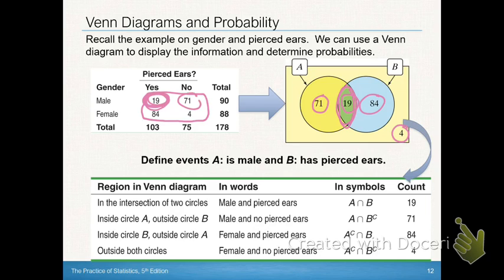Whereas the 71 represents people that are male, but they don't have pierced ears. So this 71 is only this yellow Pac-Man piece, the people that are male, but they don't have pierced ears. So they have to be outside of the blue circle since they don't have pierced ears. And again, just remember these notations down here. We use this intersection for, looks kind of like an upside down U or maybe like a lowercase n without the little line. And if we had an or, that's the one that looks like this, the union symbol.